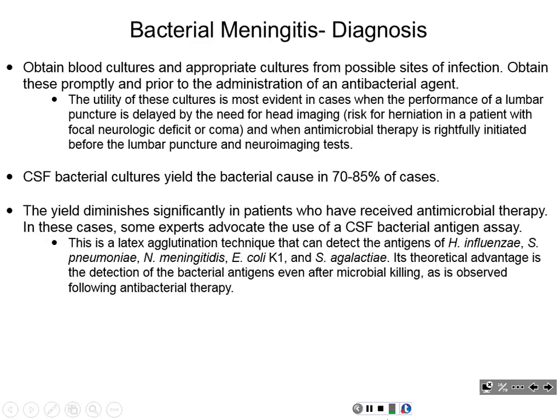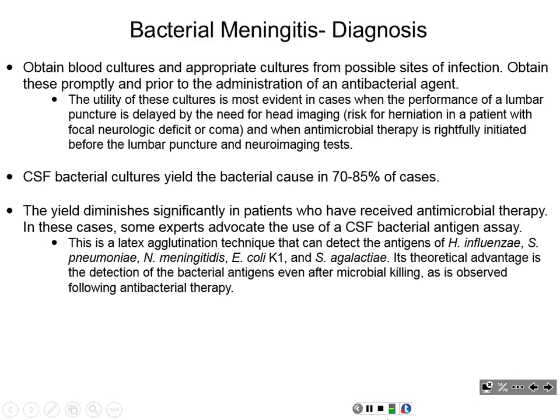So we've looked at the CSF, we've obtained blood cultures. If you started with an antibiotic before you were able to get a lumbar puncture, this blood culture is going to be really important because in case that antibiotic had an effect on the CSF, we're going to use this blood culture to do gram stain and bacterial culture.